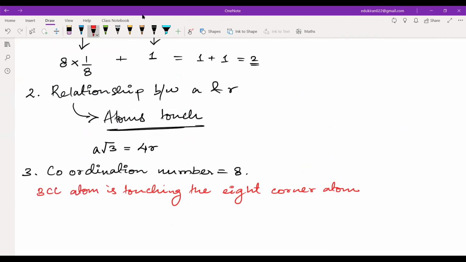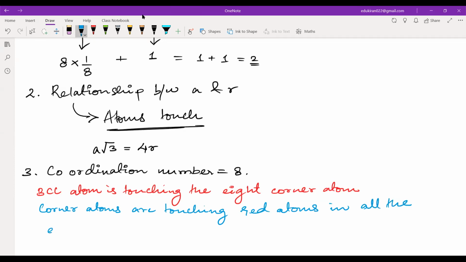The BCC atom is touching the 8 corner atoms, and the corner atoms are touching red atoms in all the 8 unit cells.